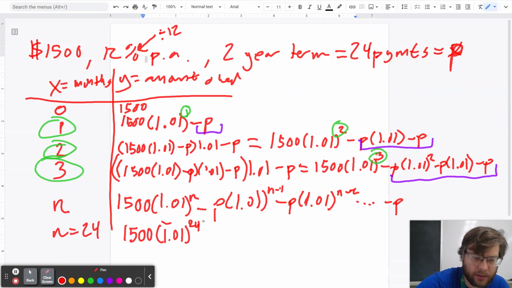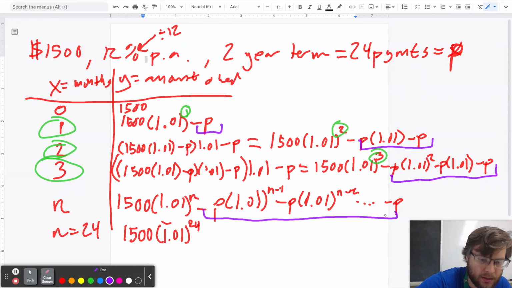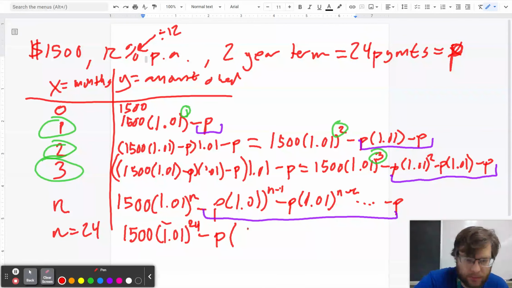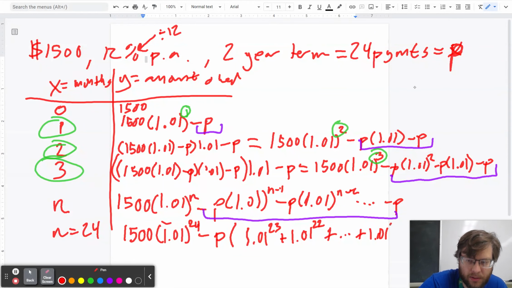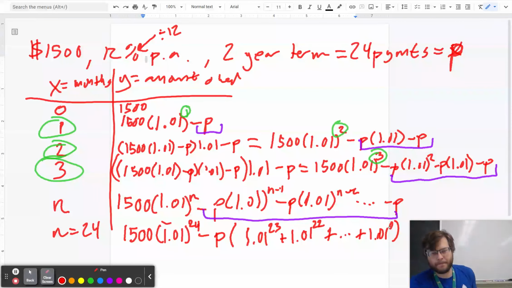All of these other terms in the geometric sequence have a P in common, so I'm going to just write minus P times 1.01 to the 23 plus 1.01 to the 22, all the way down to plus just 1 at the very end. In other words, 1.01 to the 0, if you want to write it out like that.